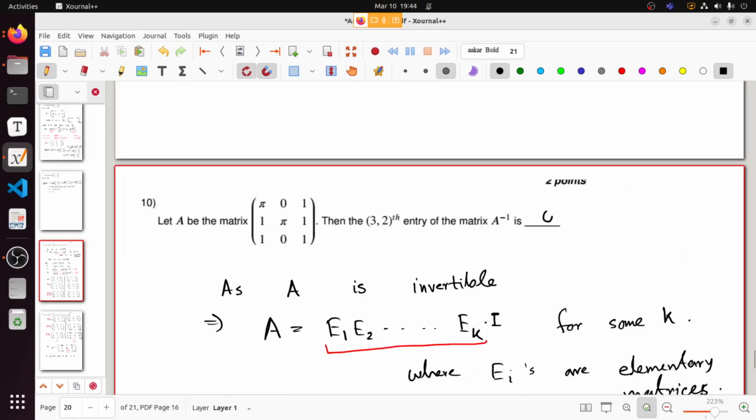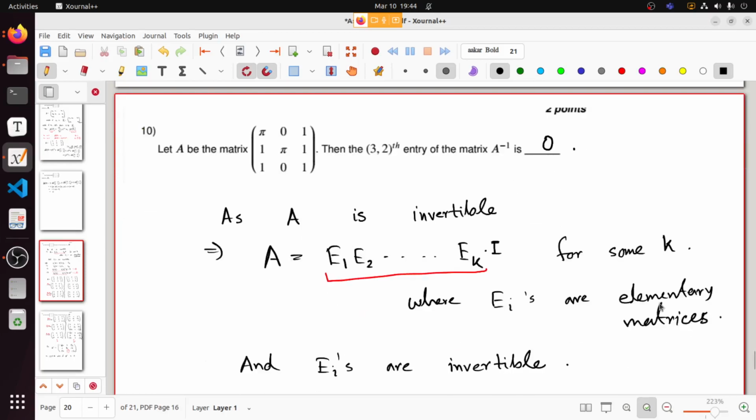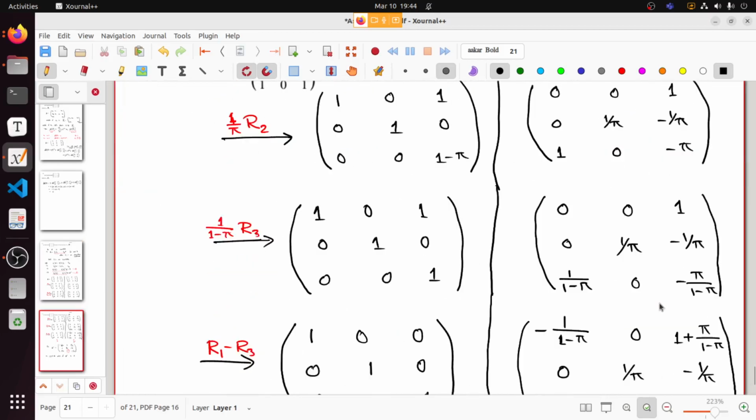So the 3-2th entry of A inverse is 0. So question number 10 is done. Okay, so this was the last question. So this finishes the assignment 6.